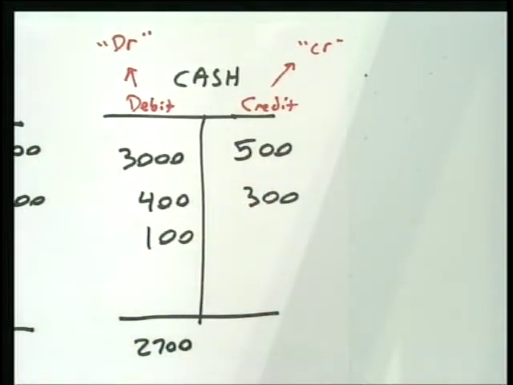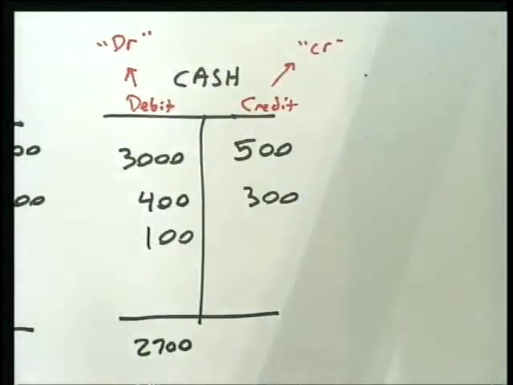Now listen to me, this is important. You might understandably, but mistakenly, when looking at the specific cash account, think that debit means increase and credit means decrease. I can see why you'd see that. But debit does not mean increase. Credit does not mean decrease.